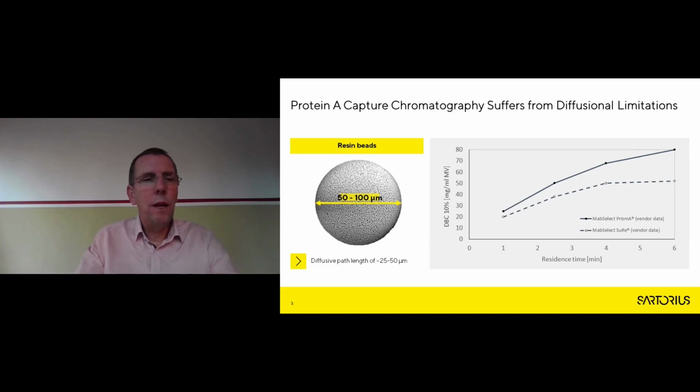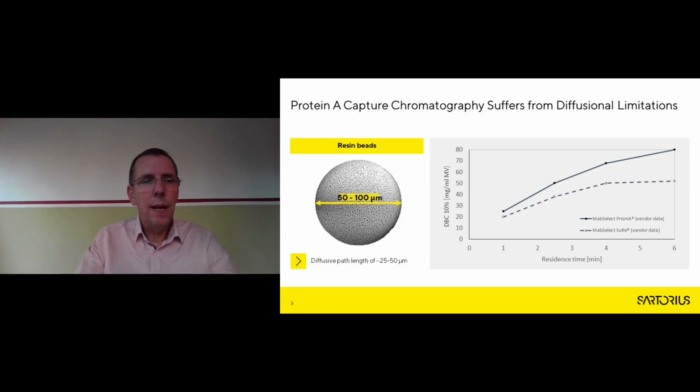Due to the relatively large hydrodynamic diameter of antibodies of around 10 nanometers and the resulting low diffusion coefficient, the diffusive path length of 25 to 50 micron represents a considerable mass transfer resistance, making long residence times necessary to achieve a reasonable level of dynamic binding capacity.